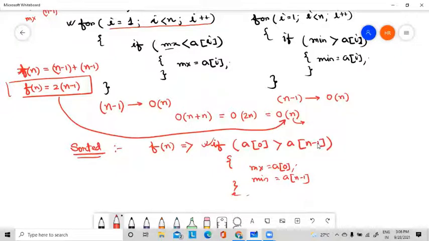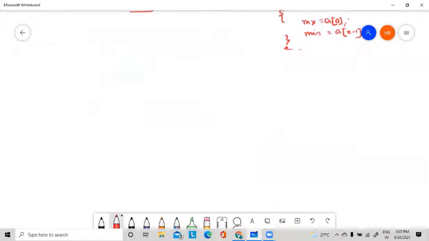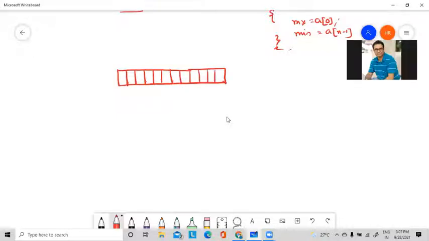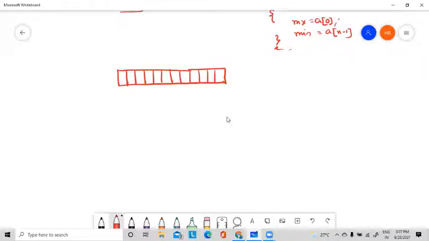Okay. Now I am giving you one interesting idea on how to find max and min with minimum time. See, this is a very interesting solution. Suppose I'm considering there are an even number of elements.